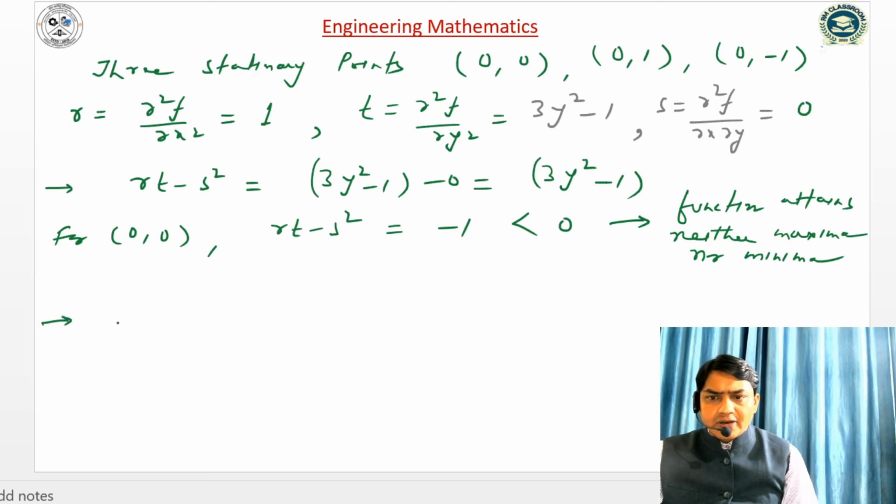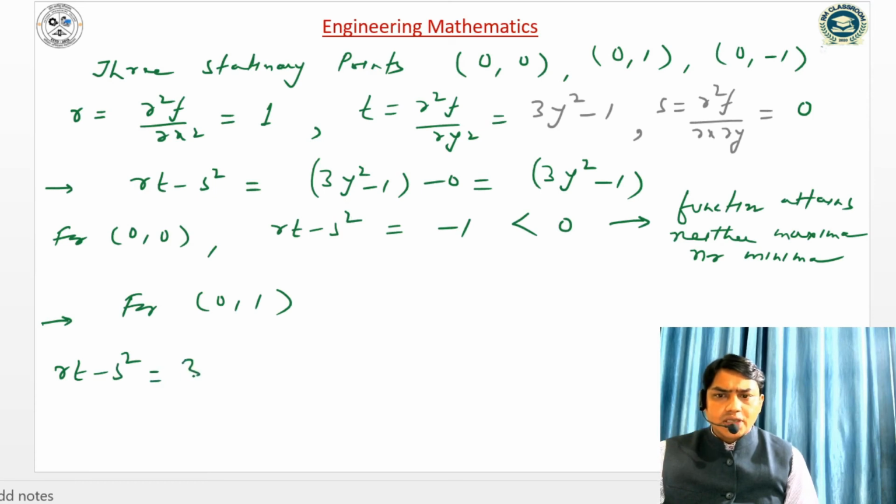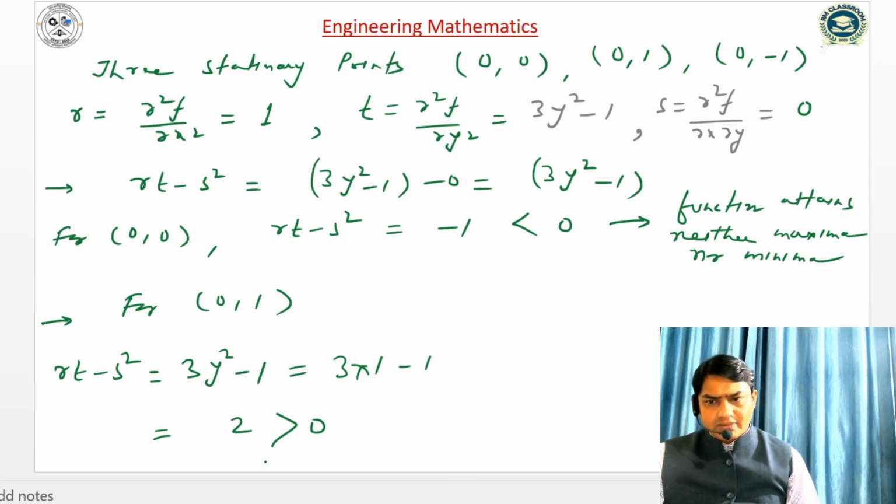So for the second stationary point, that is 0 1, we have to find the value of rt minus s square. So rt minus s square is 3y square minus 1, so it will be 3 into 1 minus 1. So the value of rt minus s square is 2, greater than 0. It means there is a possibility of the function attaining either maxima or minima. Now it depends on the value of r.